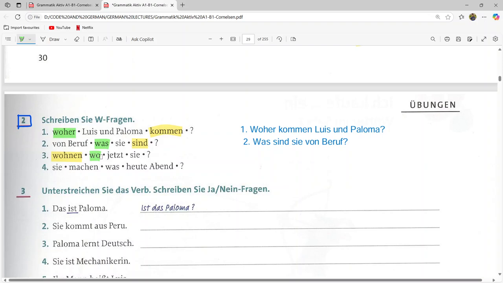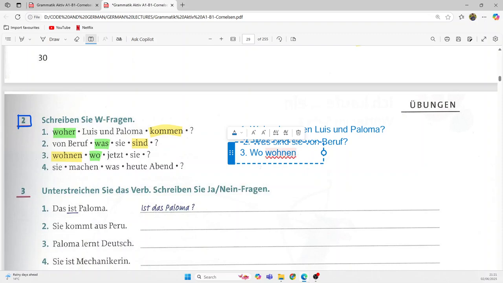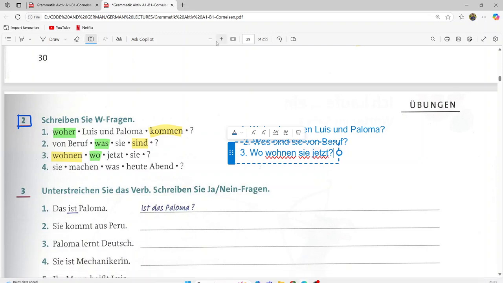So now let us write the sentence. Frage word at first, so wo, and then the verb wohnen. Wo wohnen Sie jetzt? So where do you live now?